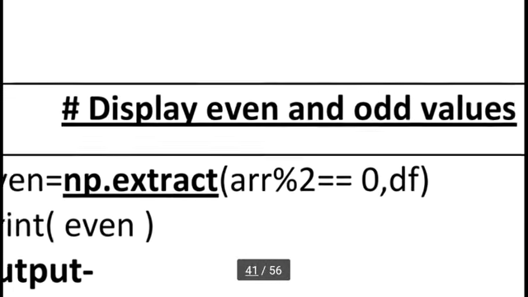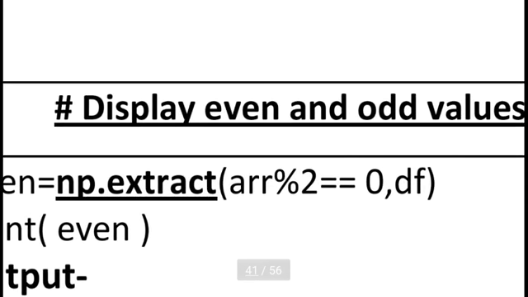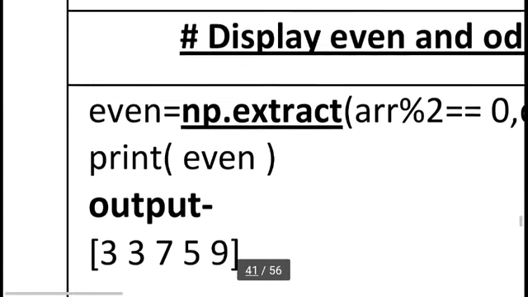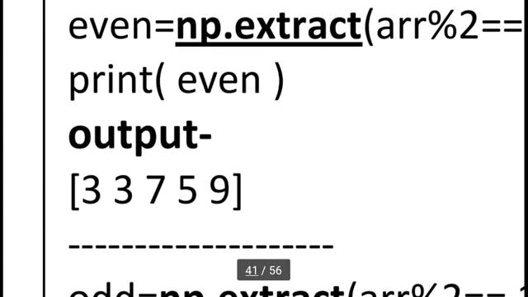I am using the np.extract method with mod 2 equal to 0, so it will select only even values, comma arr, and print even. You can see only even values.